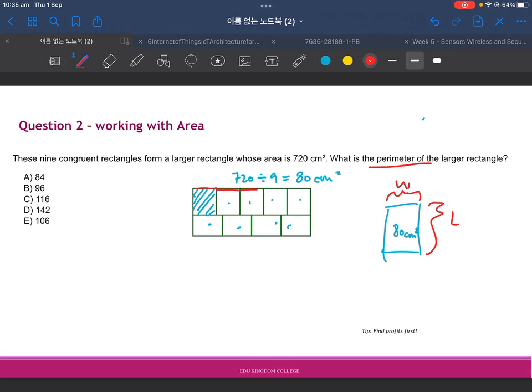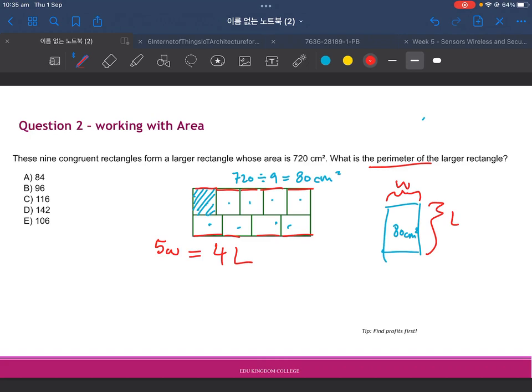1, 2, 3, 4, 5 widths, right? 5 widths is the same as 1, 2, 3, 4 lengths, right? 5 widths is the same as 4 lengths.